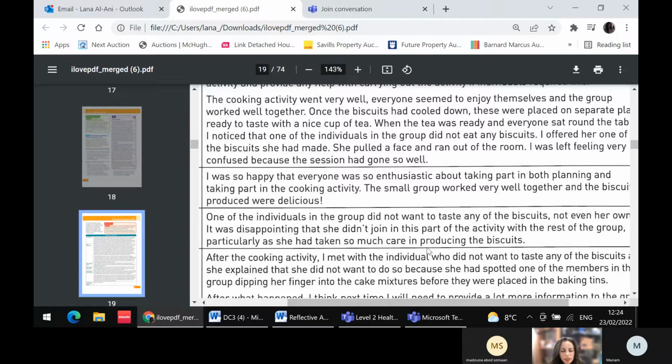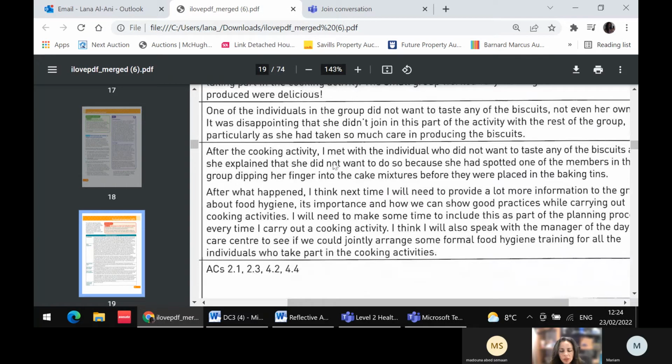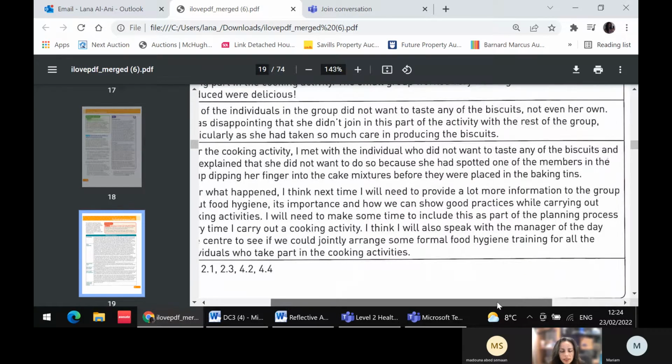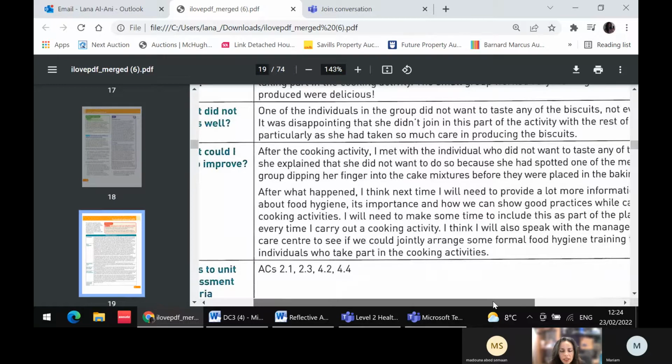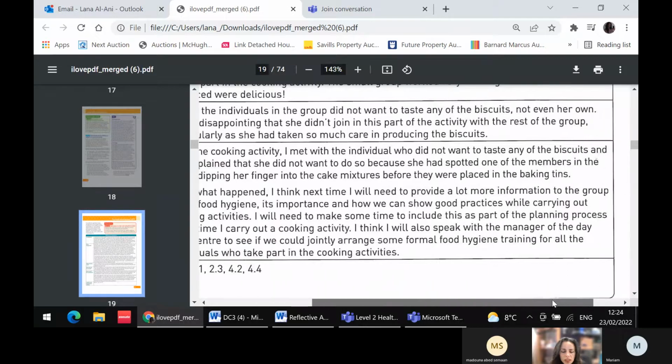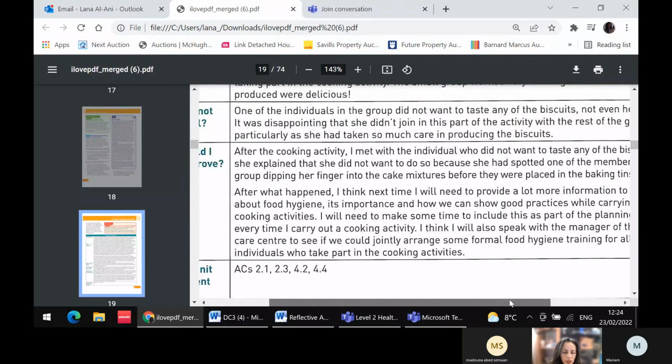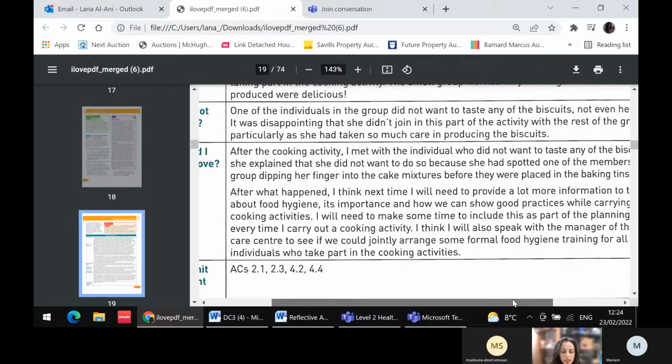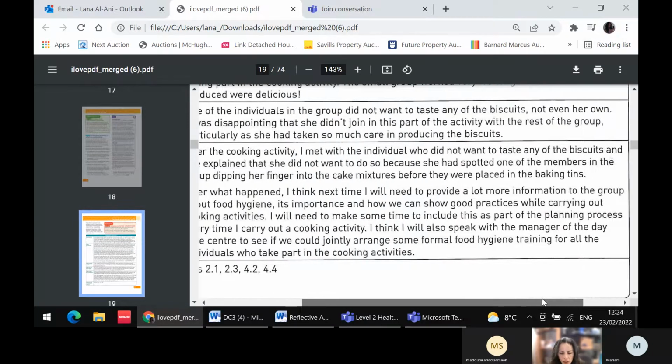After the cooking activities, I met with her, and she explained that she did not want to taste them because she had spotted one of the members in the group dipping her finger into the cake mixture before it was placed in the oven.